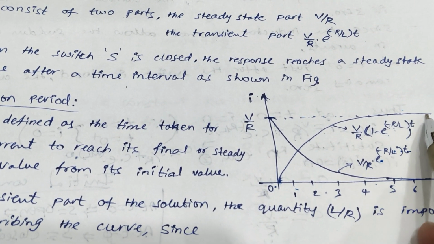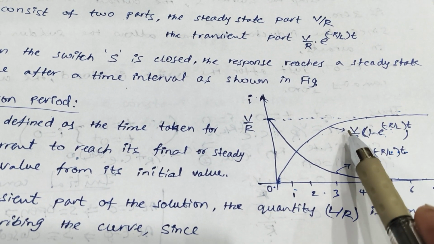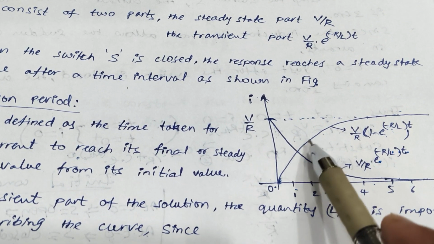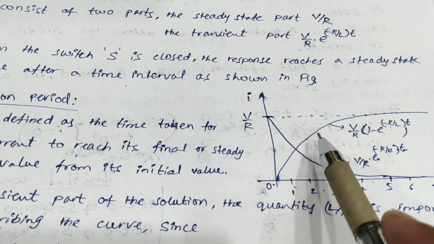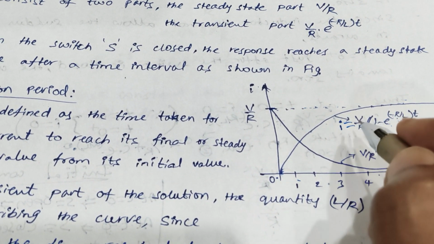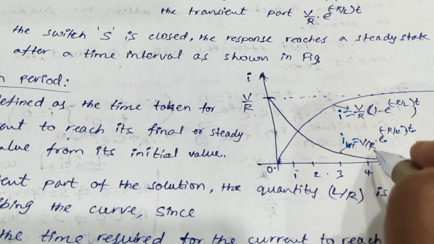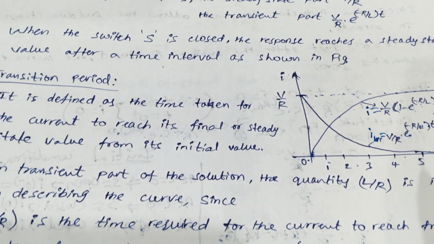It will reach V by R. That's how, from the equation, we get the total current as an increasing function like this. This is the waveform for the total current i and the transient current V by R into e power minus R by L into t.